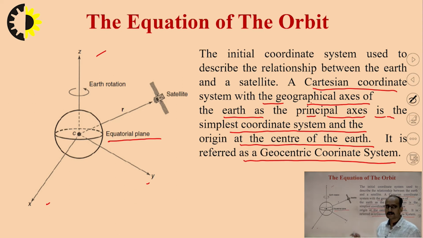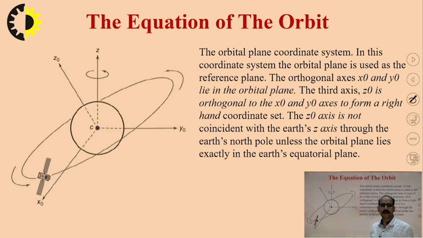So this is the first part. Second, now you are referring to the orbit of the satellite, the z direction of the Cartesian coordinate system, this one, which shows the earth's rotation.